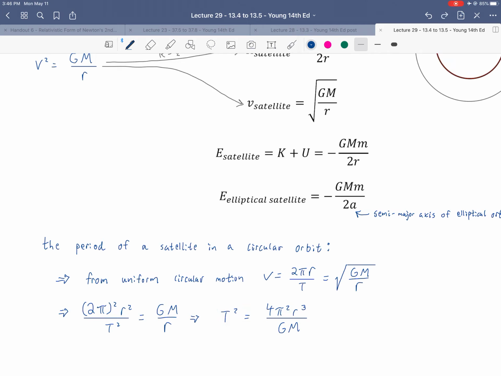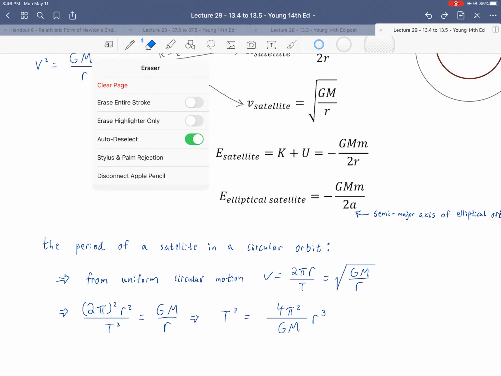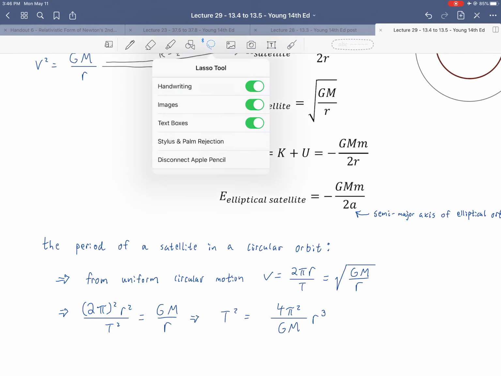And it turns out that that proportionality is exactly 4 pi squared over the universal constant of gravity times the mass of the world that is being orbited. So that's a nice relationship. In fact, let's even write it in that form by pulling the r cubed over here. And then, of course, if we wanted to solve for T squared, that wouldn't be particularly difficult.